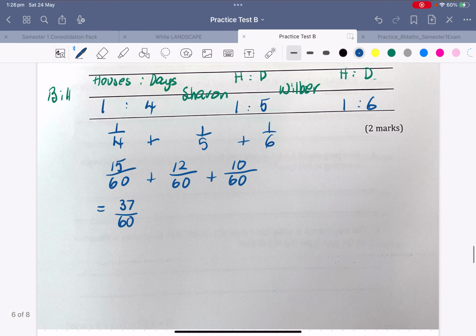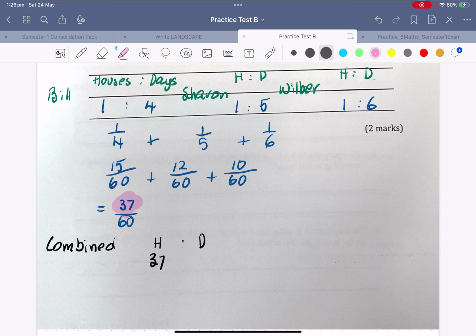Okay, so what does that 37 over 60 mean? Well, that's our combined total. So combined houses and days. Your numerator is the number of houses, and your denominator is your number of days.